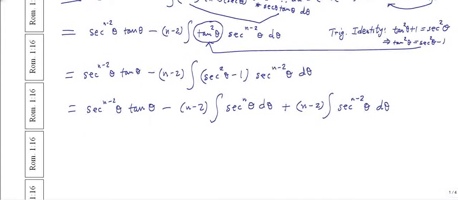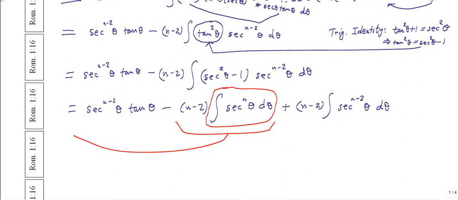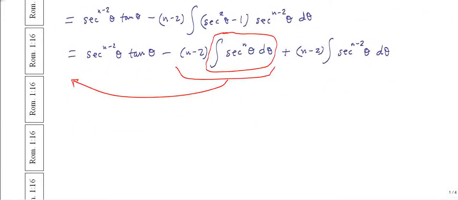And once again, as we've shown in previous videos, we see this integral right here, which is what we were actually after. And so when I take this entire quantity over to the left-hand side, we had one of those.